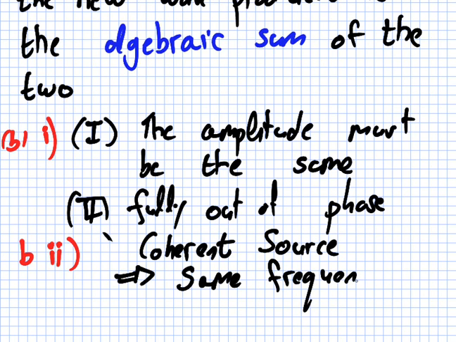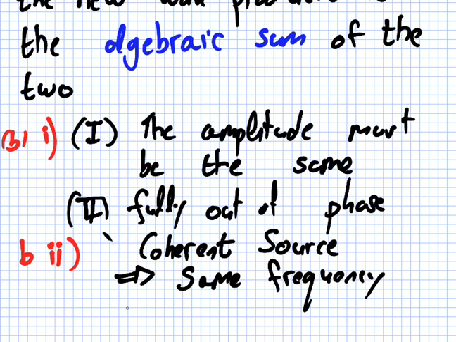Okay. So part 2 is why must the two lights come from the same source? Well, if two lights come from the same source, we say then that they are coherent, meaning they have the same frequency and they have the same phase. I think that's actually enough just to say frequency. It's 2 marks as well, so I feel like I should be saying something else too.